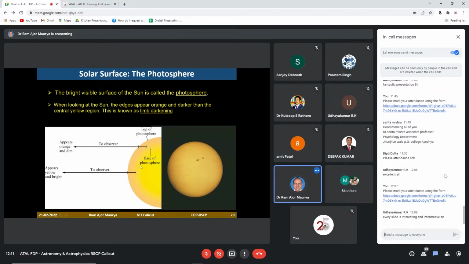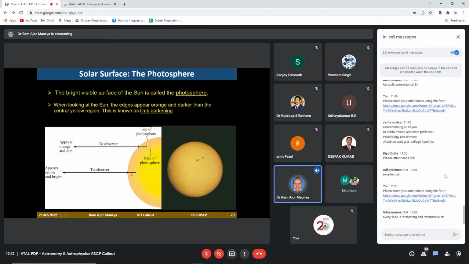And here at the center, you can see it is brighter. But the limb part, this is the limb, you can see it is dimmer than the center. Why is that?